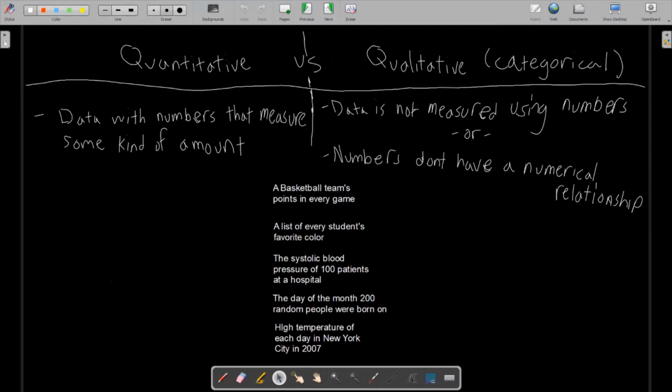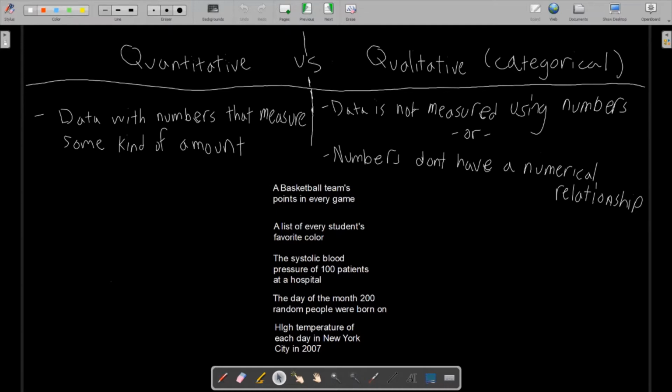quantitative data. Meanwhile, qualitative data, which is also sometimes called categorical data, is data that is either A, not measured using numbers, or B, numbers that do not have a numerical relationship. So the first one is a little more straightforward.